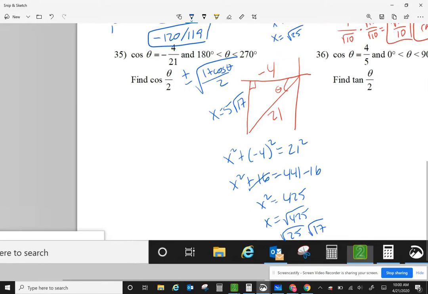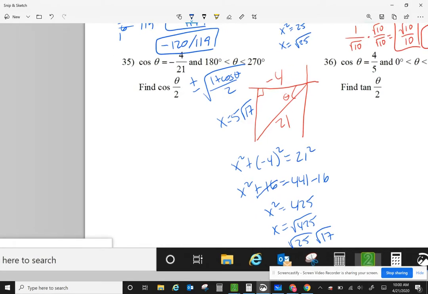Okay. So I'm just going to worry about the fraction first. So I have 1 plus, I know cosine of theta is -4 over 21, and all this is over 2. Let me deal with the fraction on the top. My 1, let me write it as 21 over 21.